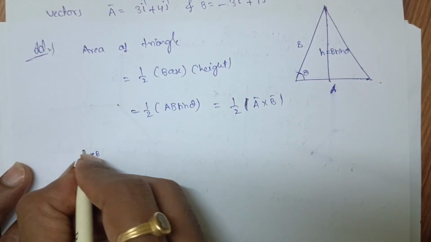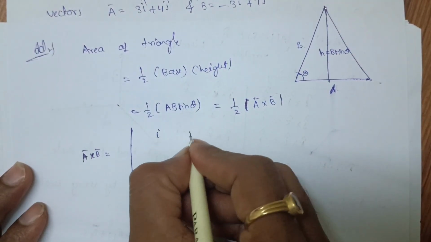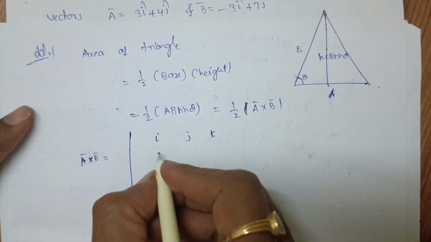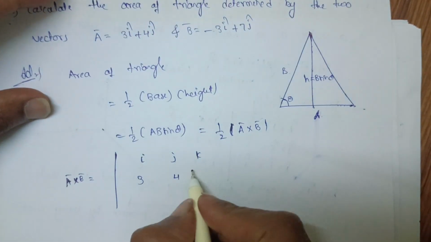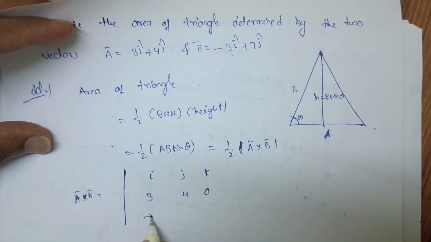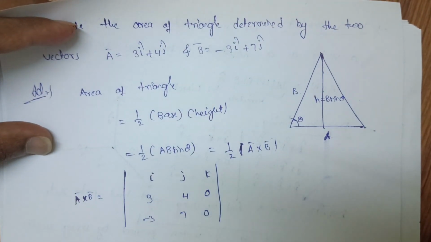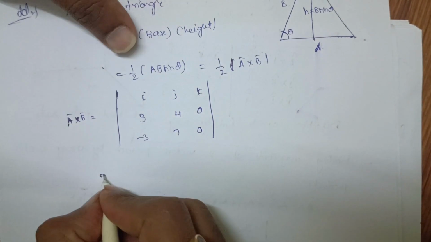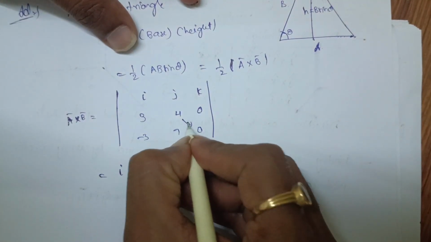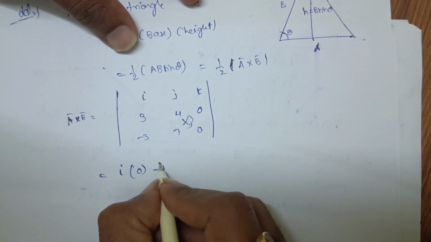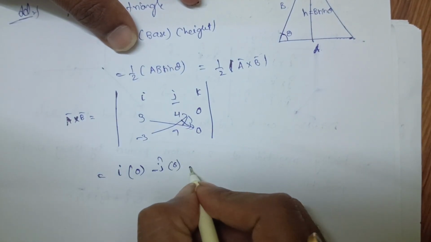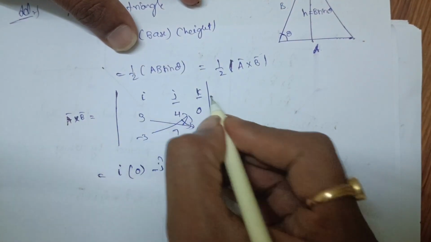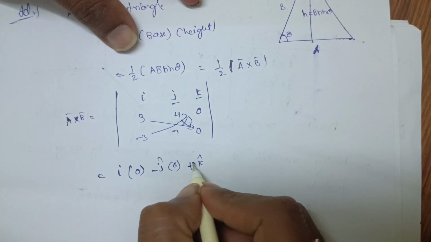Now how to find a cross b? As I told you, by using the determinant method: 3, 4, 0 for the given values, but no k component, similarly minus 3, 7, 0. Now here, as I told you, for i, these two cross product is 0, minus j, these two cross product is 0, plus k, for the third term again I have to write plus.